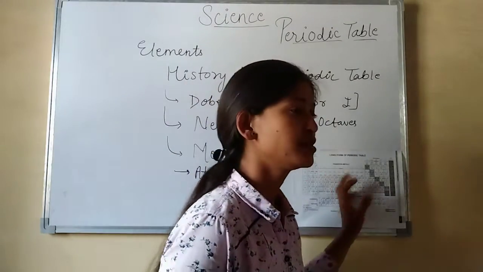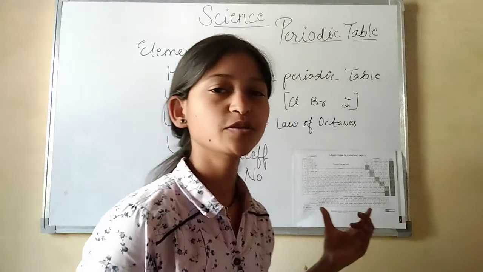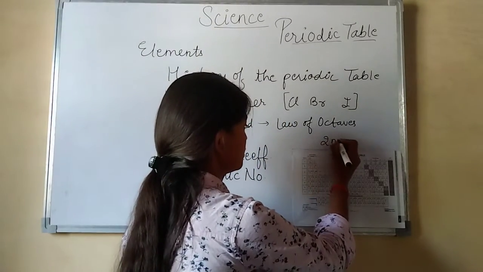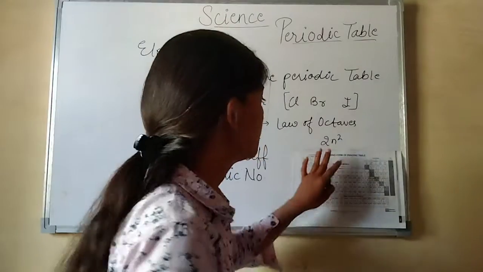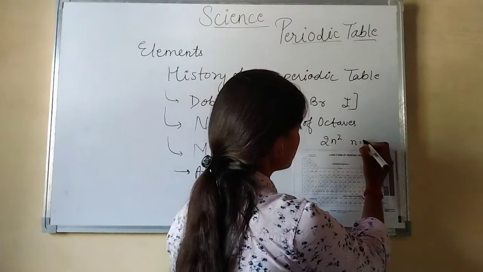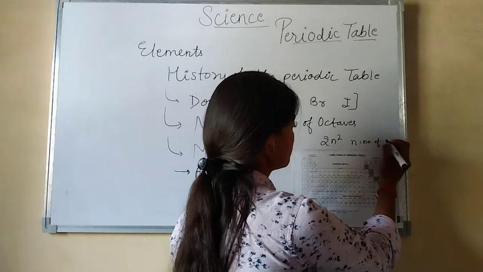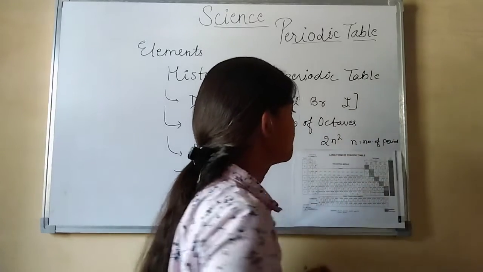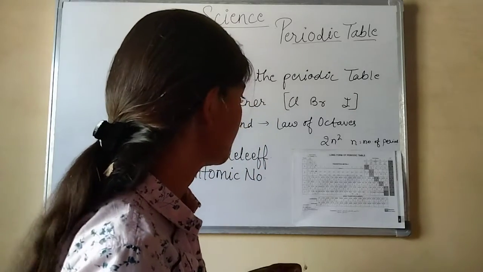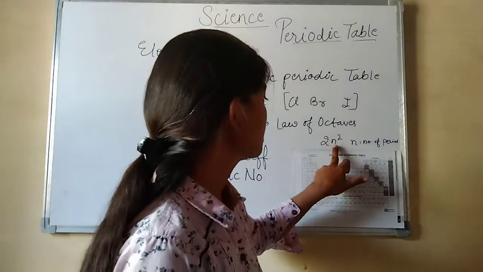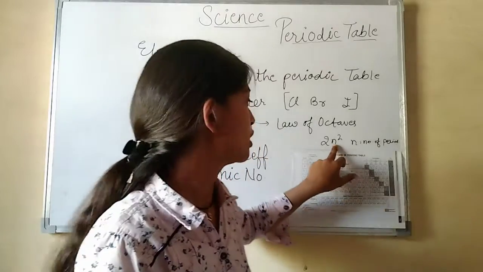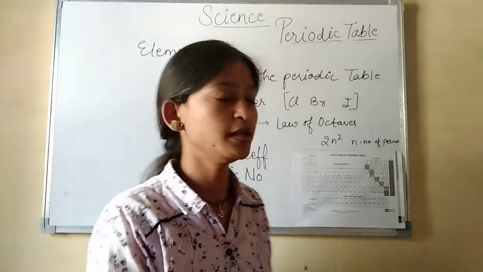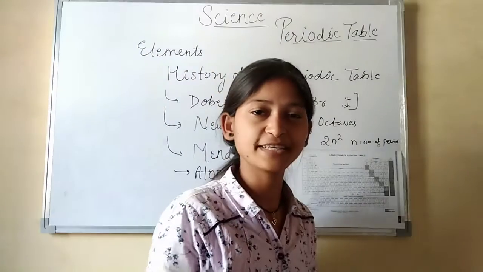I have described the number of elements on the basis of the formula 2n square, where n is the period number. So if you take period number 1, the number of elements will be 2. Period number 2, the number of elements will be 8.